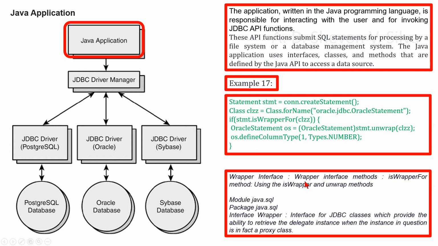This code example provides an example of using the wrapper interface methods. Here, using isWrapperFor and unwrap methods.